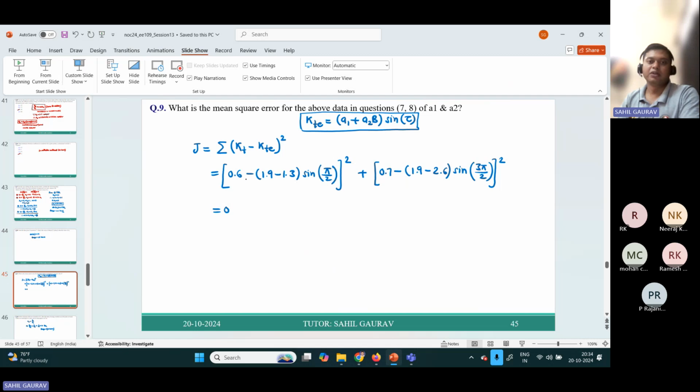So the actual value is 0.6 at pi by 2. And the estimated value is 1.9 minus 1.3 sine pi by 2, because sine pi by 2 is 1, and this A1, A2 and B value varies at pi by 2 and 3 pi by 2.